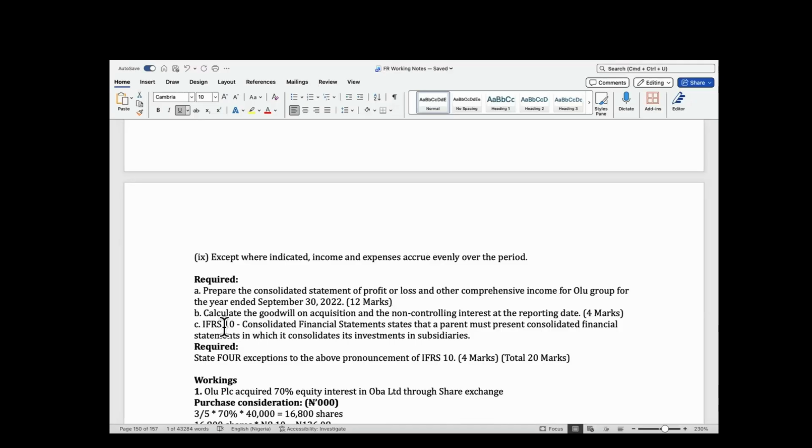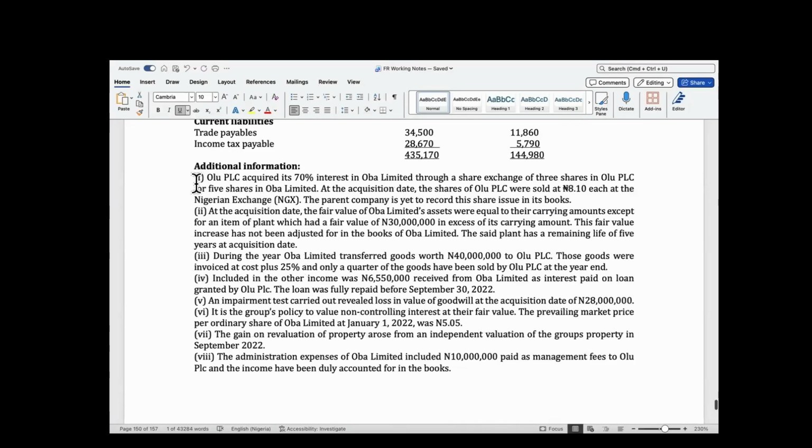C, IFRS 10 on consolidated financial statements states that a parent must present consolidated financial statements in which it consolidates its investment in subsidiary. State 4 exceptions to the above pronouncement of IFRS 10. 20 marks. Okay, so let's deal with this systematically by clearing all this additional information.